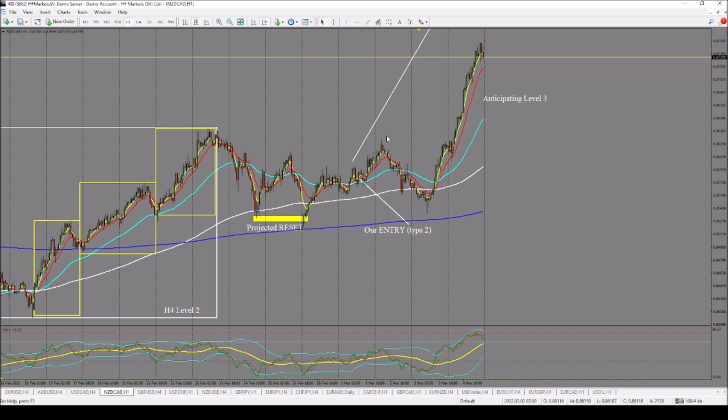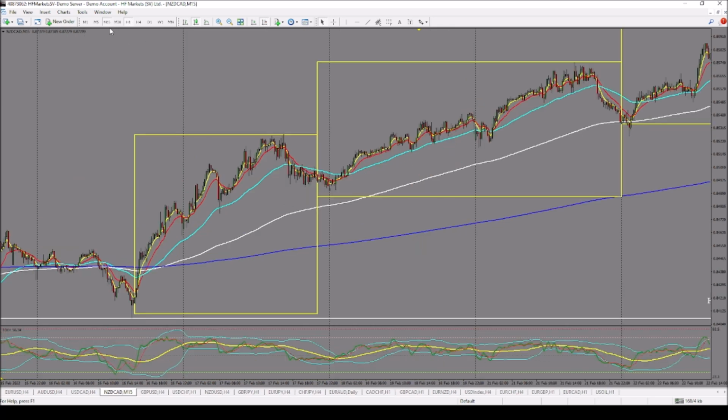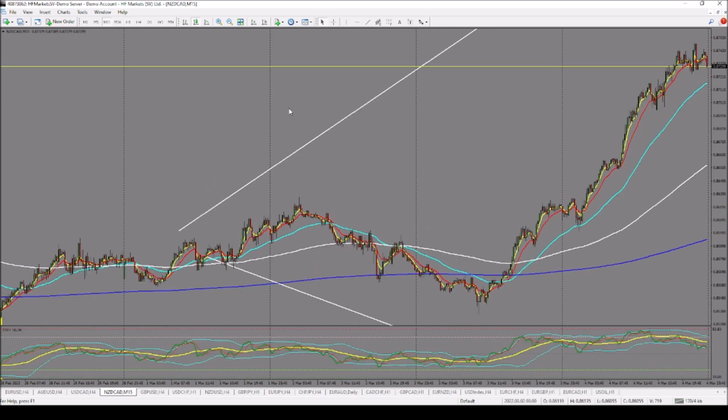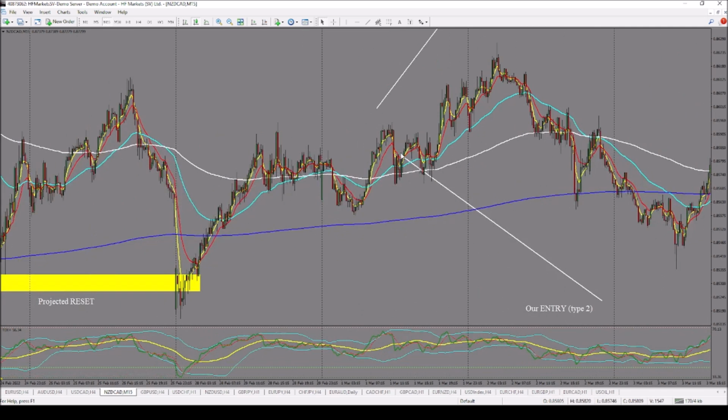From there everything was cleared off until our stop loss was hit. The pattern that we took was from the M15 time frame in line with our bias.